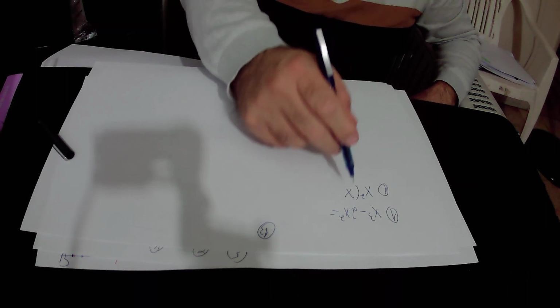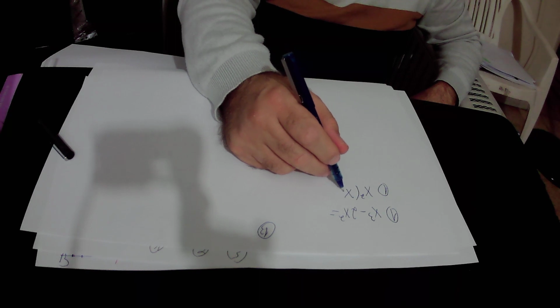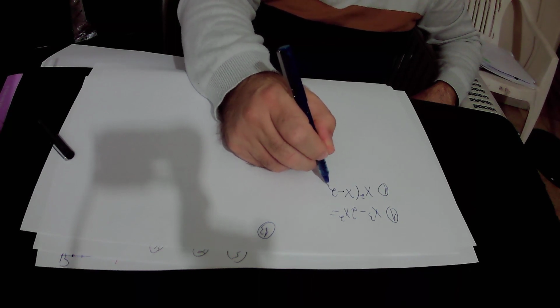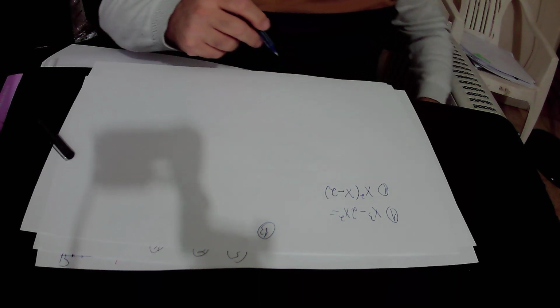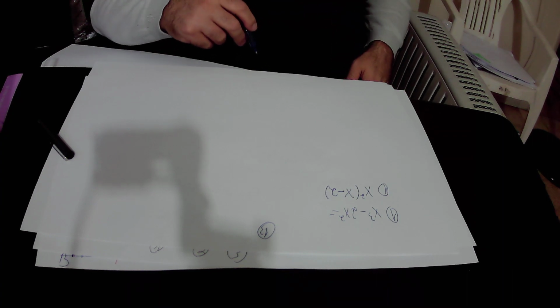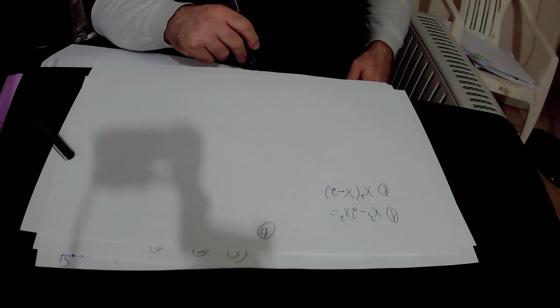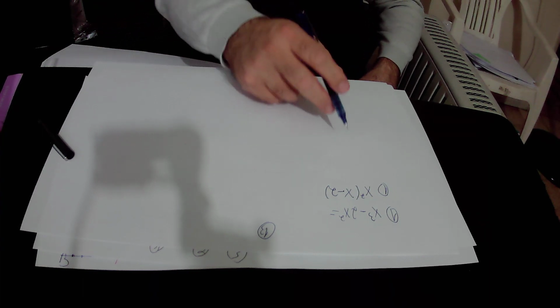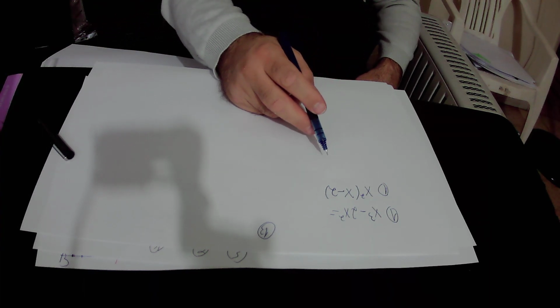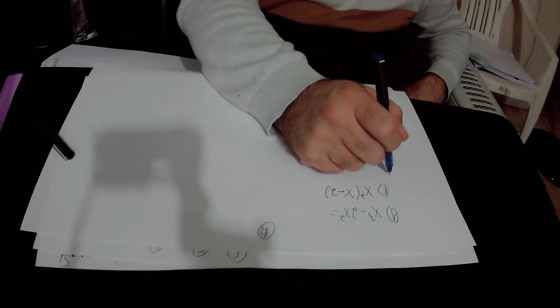What is left is actually minus 2. So in total we found out that x cubed minus 2x squared equals x squared times x minus 2.